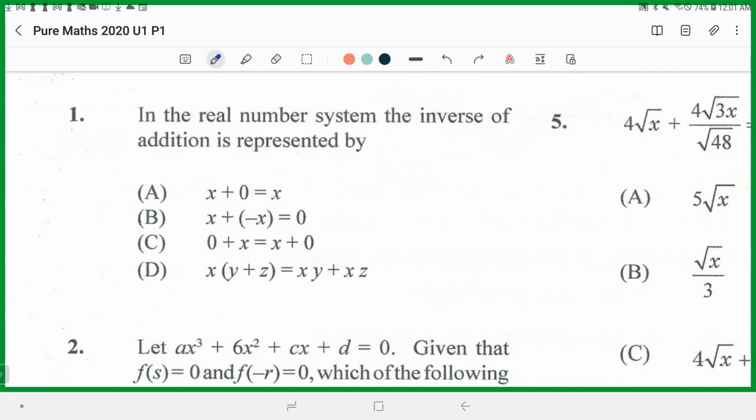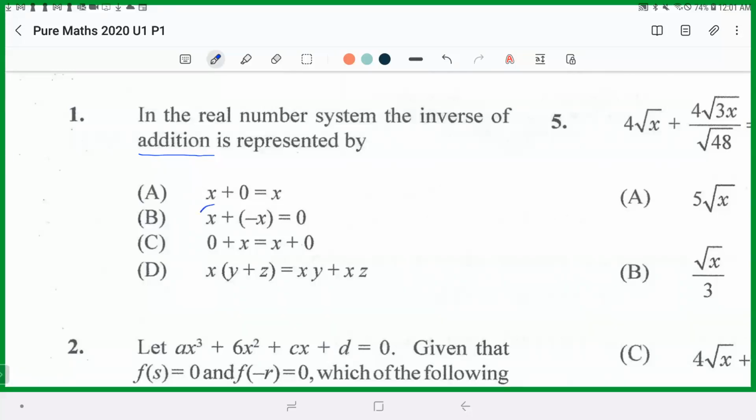So how an operation works is that when you carry out the operation on an element and its inverse, the result is the identity of that operation. We're talking about the operation of addition. The identity of addition is 0, and the inverse of a value under addition is the negative of the value.